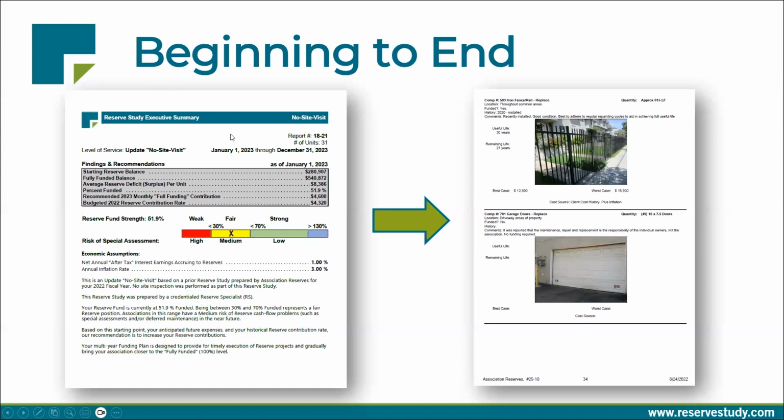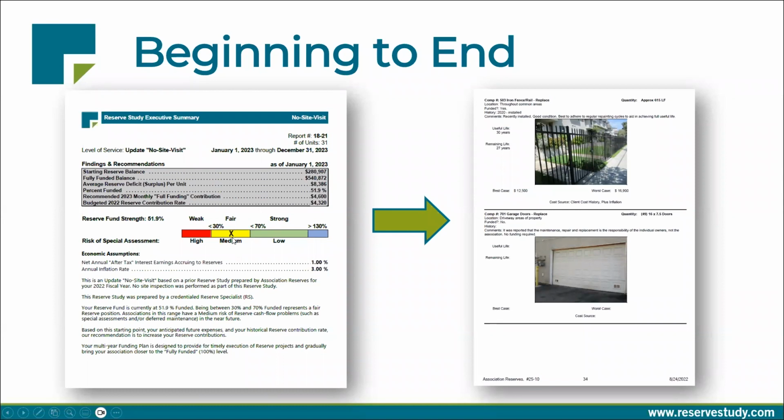But on the executive summary, and let's look at it here, it's a no site visit, number of units, the date from and to, the findings and the recommendations are as of January 1, the starting reserve balance, the fully funded or that target reserve balance, and that results in the association being about 52% funded.